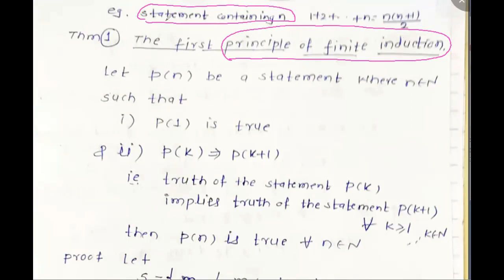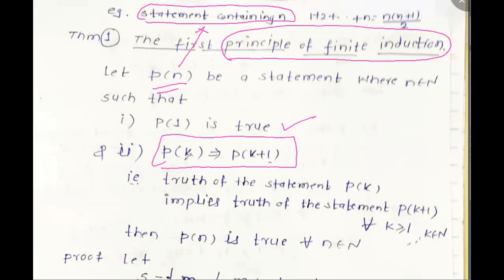So let P(n) be a statement where n is a natural number. First, P(1) is true: when we put n equal to 1, the left hand side equals the right hand side, so it is true for n equal to 1. Second, P(k) implies P(k plus 1). That is, the truth of the statement P(k) implies the truth of the statement P(k plus 1).